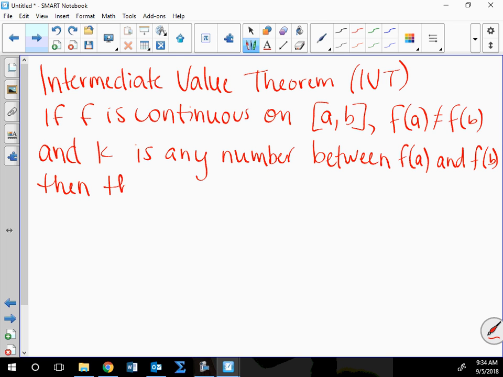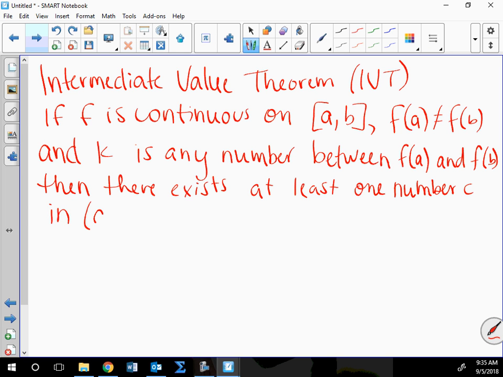Then there exists at least one number, c, in the open interval from A to B, such that f of c is the following.